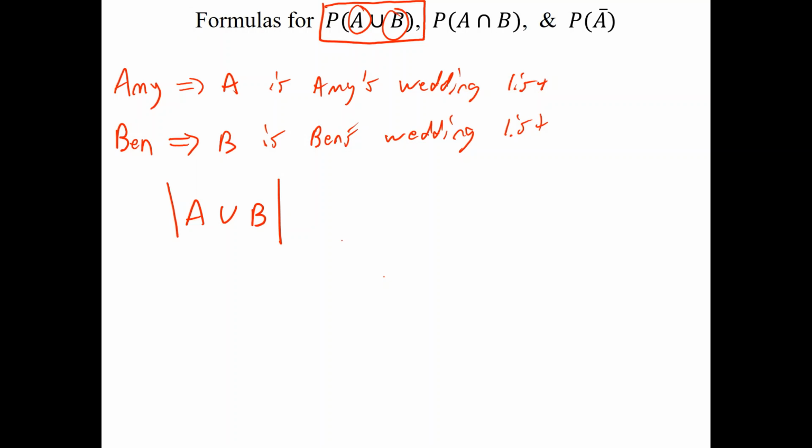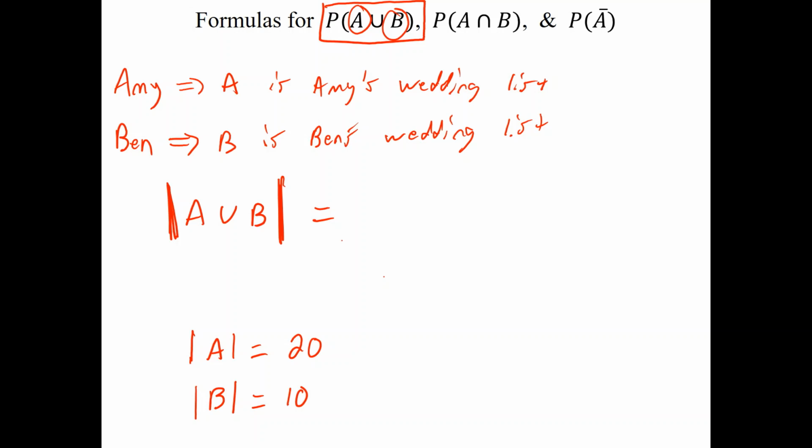Real quick, let's say Amy is inviting, just to keep the number simple, 20 people. So there's 20 people on her list. And Ben is inviting 10 people to the wedding. So now answer the question, how many people are invited total? If you said 30, you're right sometimes.